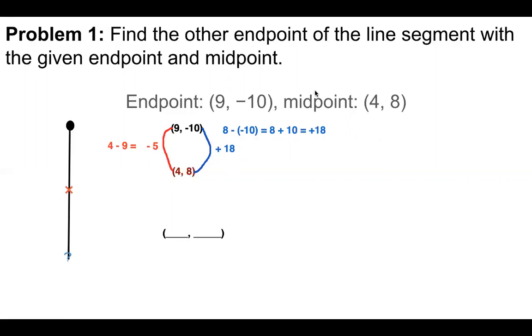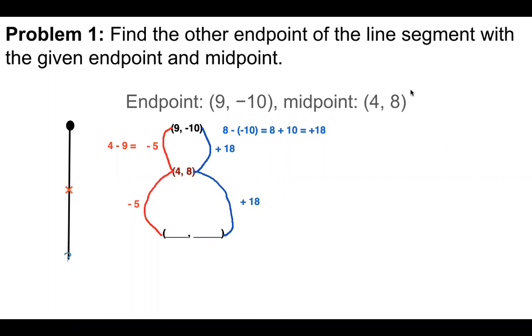So now that we found our bridges, we are going to build another bridge from the middle to the end. And we're going to put on those bridges the same numbers. -5 and plus 18. But now we have new starting numbers.